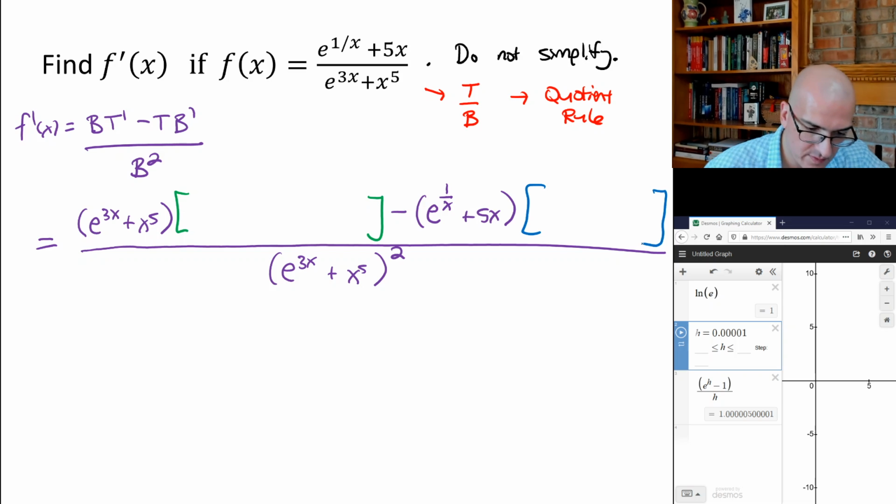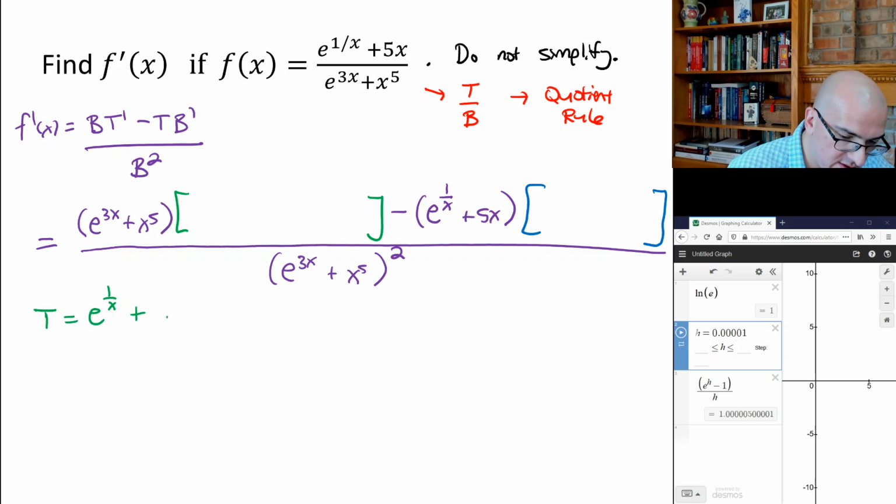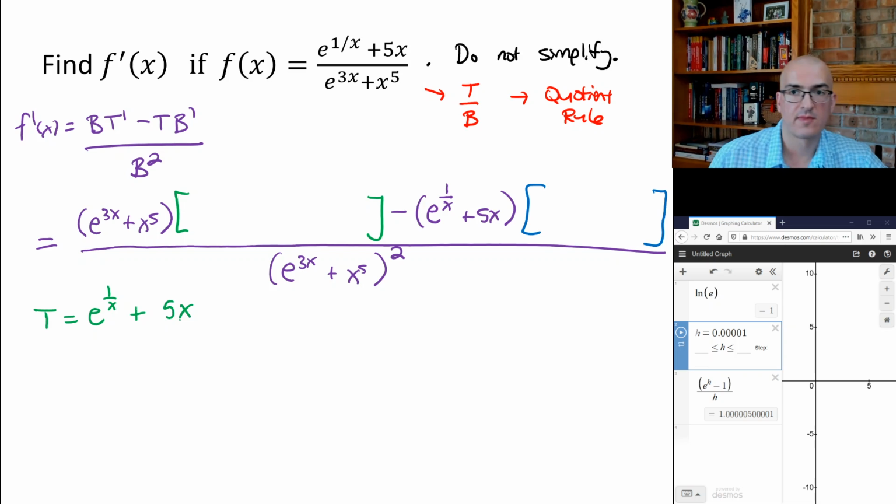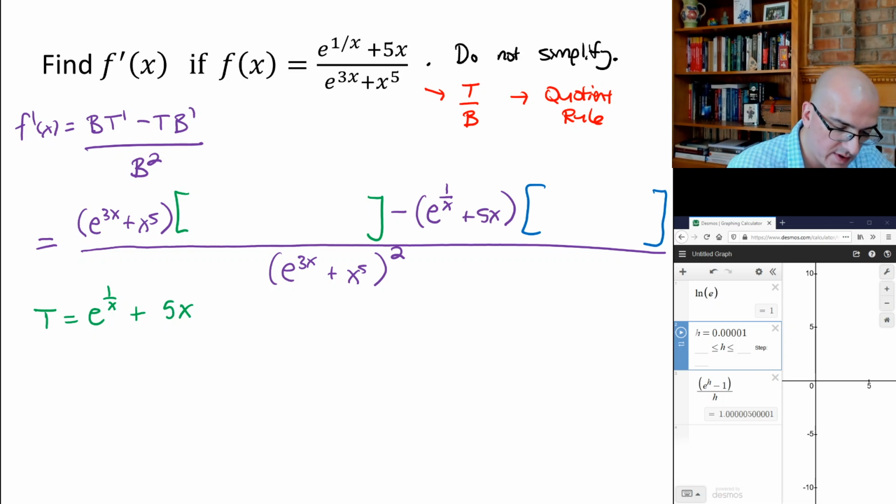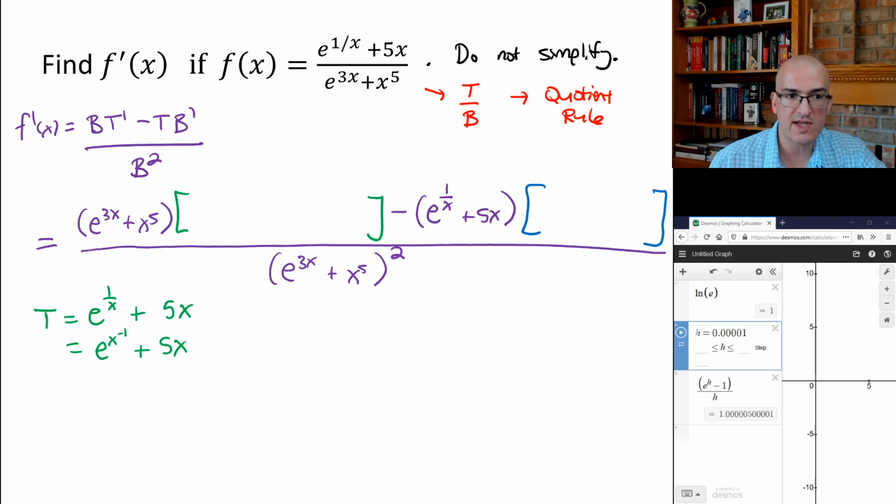Okay, so the green one corresponds to t prime. T equals e to the 1 over x plus 5x. I'm going to rewrite that as e to the x to the power of negative 1 plus 5x. Now I'm going to take the derivative.